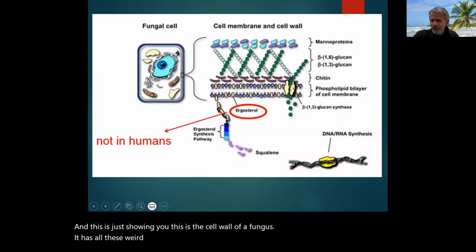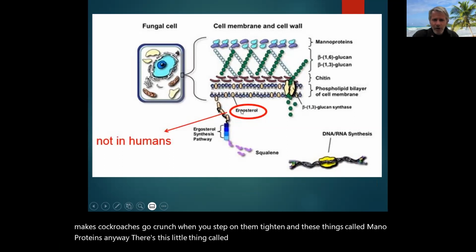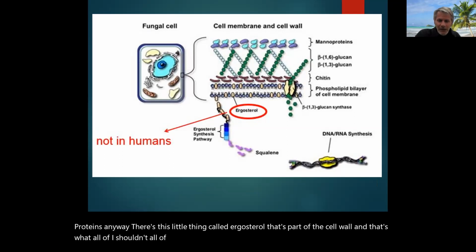There's chitin, the chitin that we learned about that makes cockroaches go crunch when you step on them. Chitin and these things called mannoproteins. Anyway, there's this little thing called ergosterol that's part of the cell wall. And that's what, I shouldn't say all of the antifungal drugs, amphotericin B will mess with it, and the azoles will mess with it.